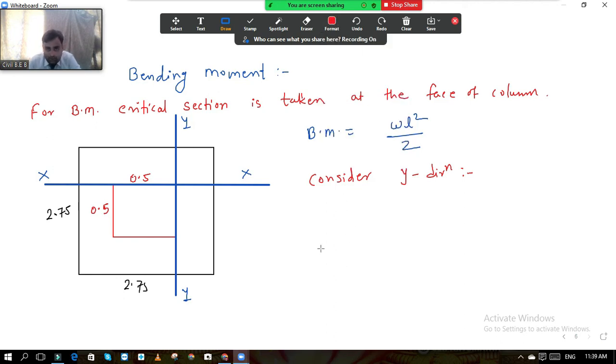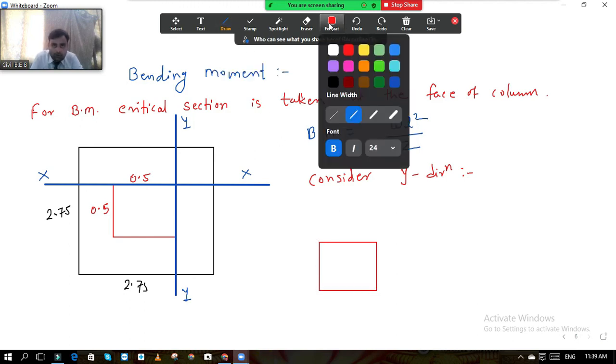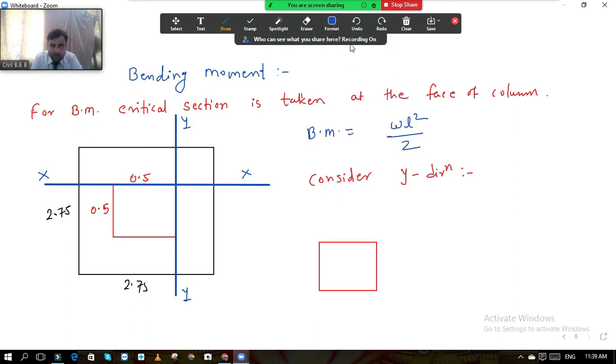This is our column. Now I will draw the section line. This is the vertical section YY at the face of the column.